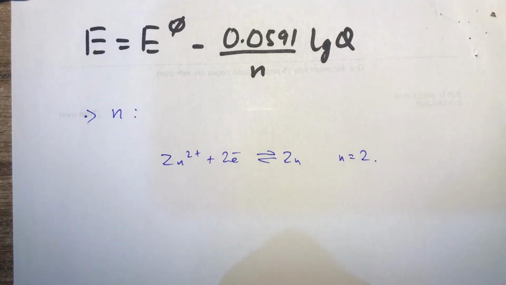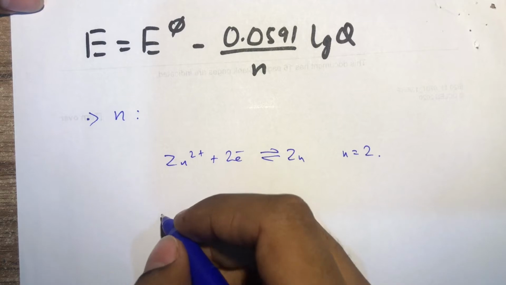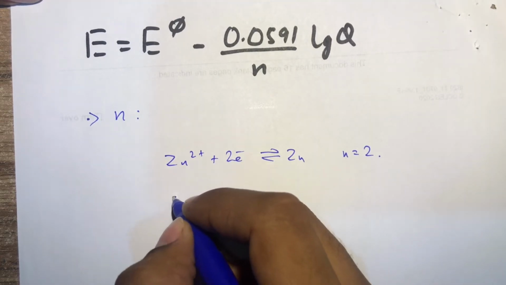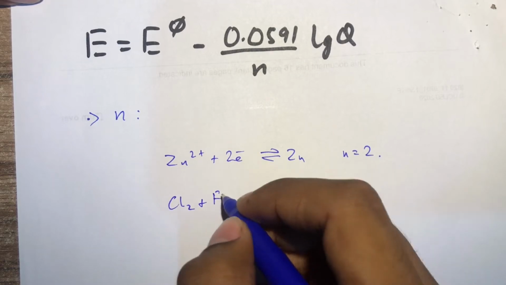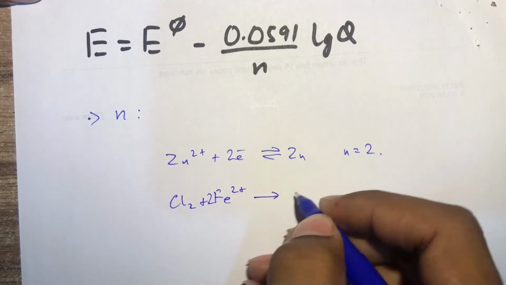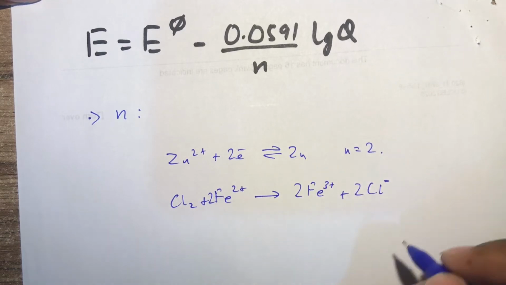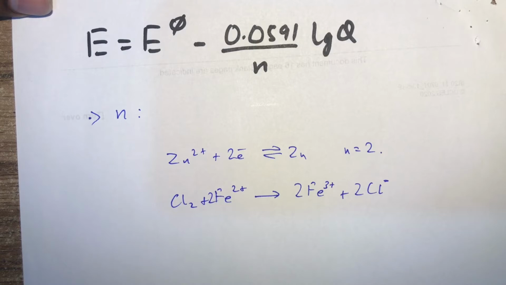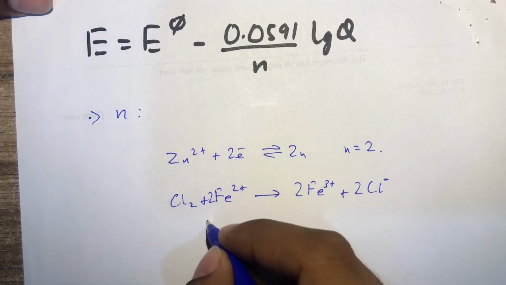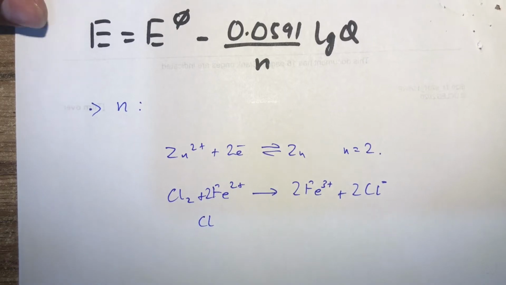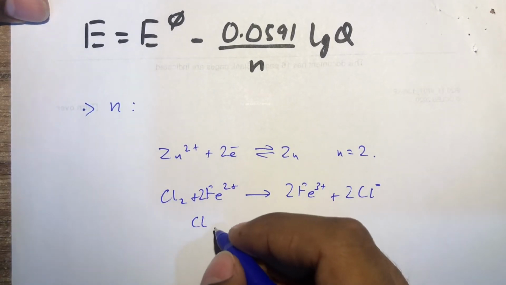But when we have a full equation, for example, chlorine plus 2 Fe2+ produces 2 Fe3+ plus 2 chloride ions, then we have to see the two half equations and write them in the half equation form. You can judge it directly as well, but this is the best method to ensure that you're doing it correctly.